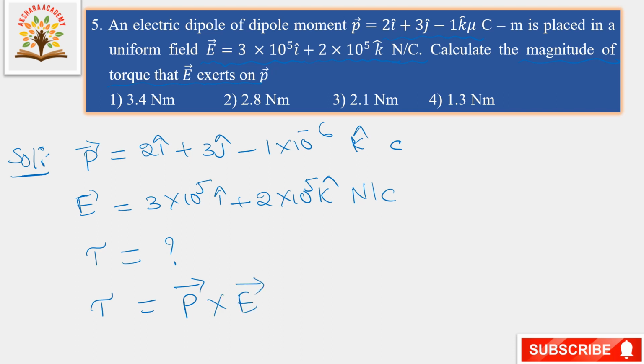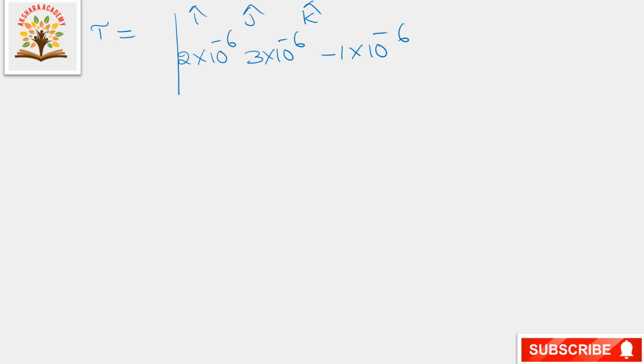Now we are doing cross product. So this tau is equals to i cap, j cap, k cap. I components are 2 into 10 to the power of minus 6 and 3 into 10 to the power of minus 6, and k component is minus 1 into 10 to the power of minus 6, and this is 3 into 10 to the power of 5, 0, 2 into 10 to the power of 5.